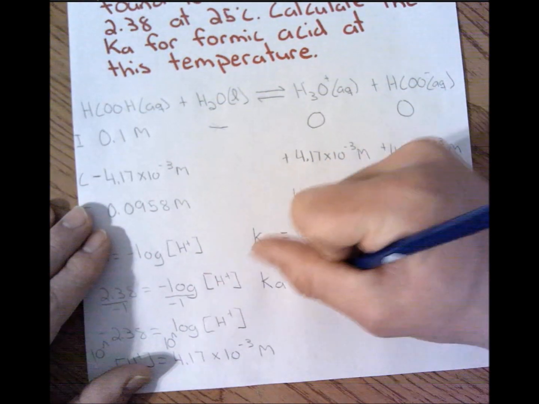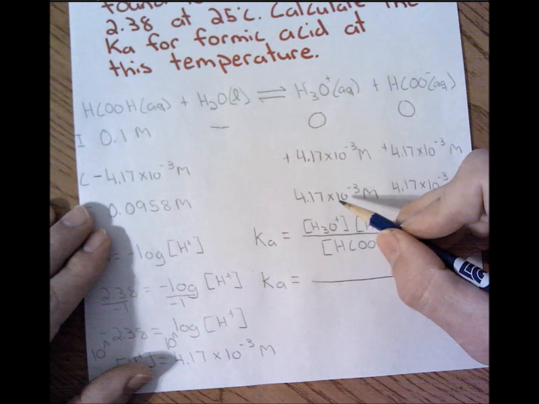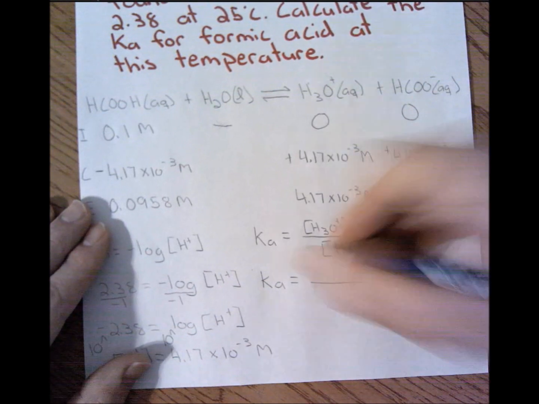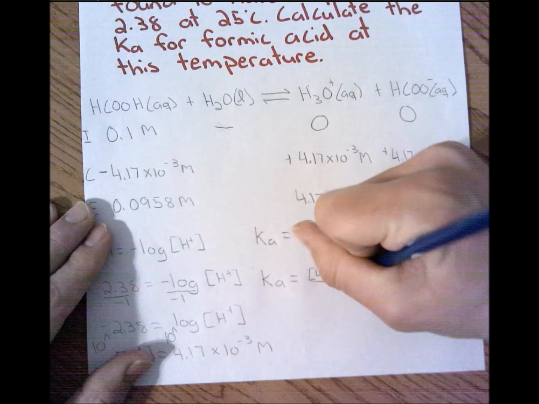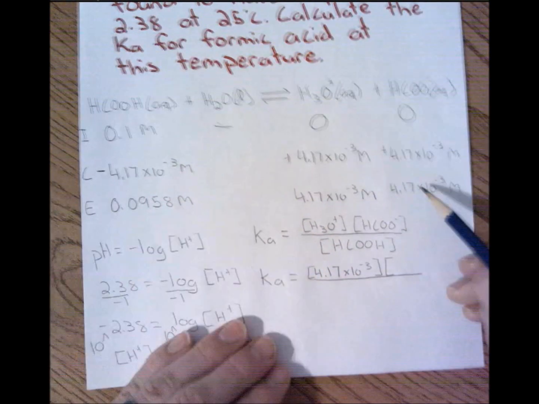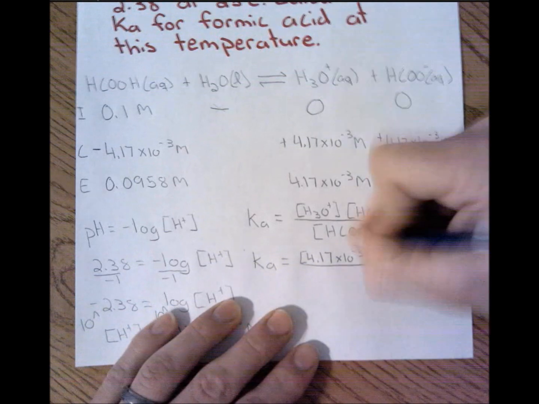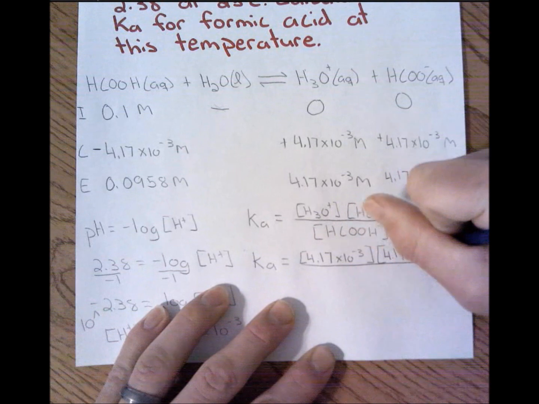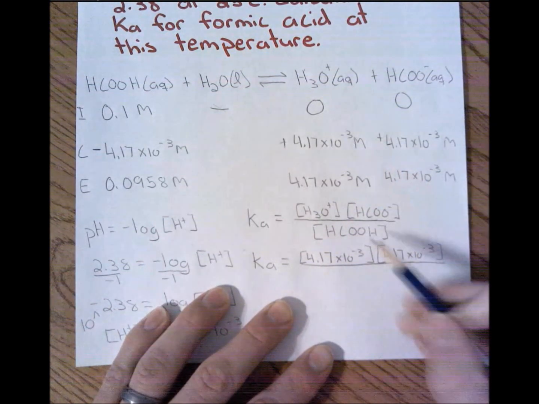So we end up with, and I'm going to write small, 4.17 times 10 to the -3rd times the equilibrium concentration of formate, which was 4.17 times 10 to the -3rd. Again, I'm going to write fairly small. And then on bottom, we need the concentration of formic acid. So we end up with the value we calculated, 0.0958.